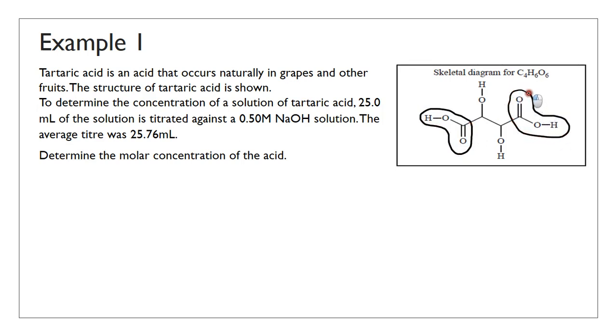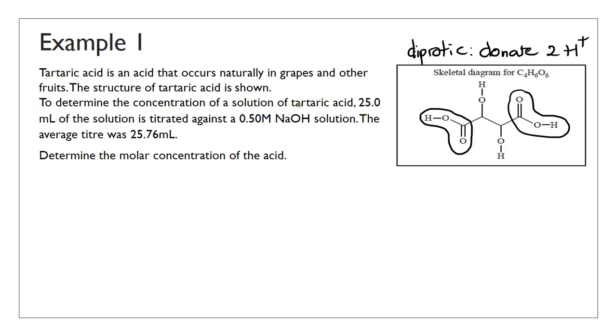So this molecule is a diacid, and it also contains two hydroxyl groups, but it's the carboxyl that is of interest here, because these two carboxyl groups mean that this is a diprotic acid, so it can donate two hydrogen ions, which is going to affect the mole ratio of the equations a little bit later. So I should say 2H+, so that's the acid. So already, second sentence, and I've gained some really useful information.